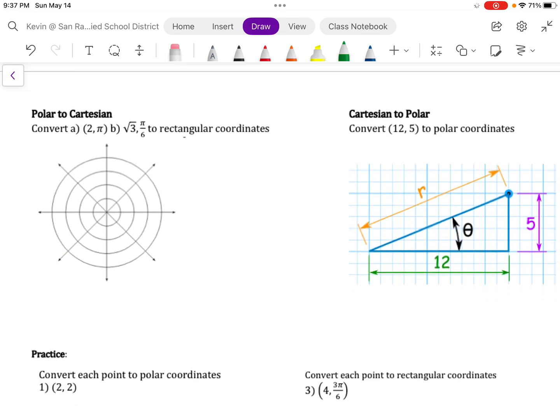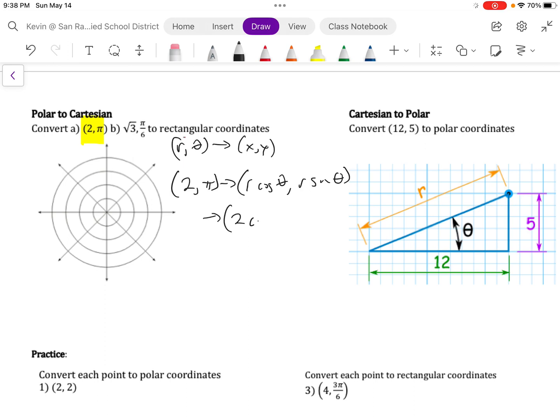We'll look quickly at 3 problems. We'll start right here. We're going to go from a polar coordinate to an x and y. So we have 2 and we have theta, pi. We know this is going to be r cosine theta, r sine theta.